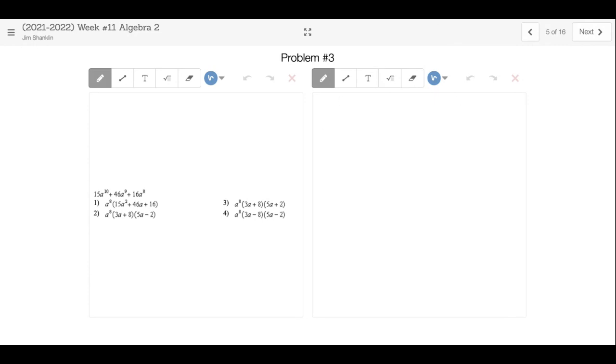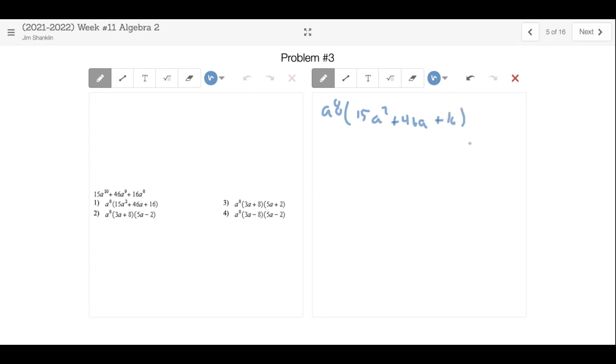Okay. This is where it gets the cheater method. Sometimes it's tough because when you start multiplying those numbers out, it gets a little crazy. But in this problem, I would factor out an a to the eighth. And that would leave me with 15a squared plus 46a plus 16.